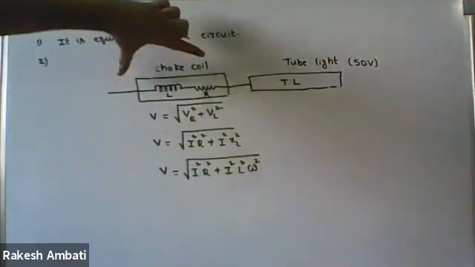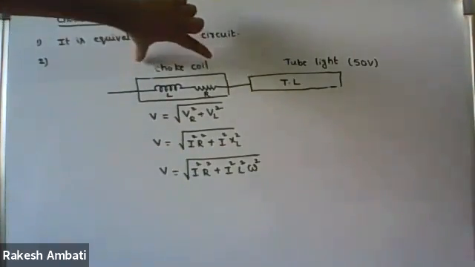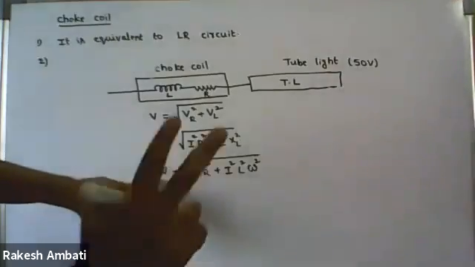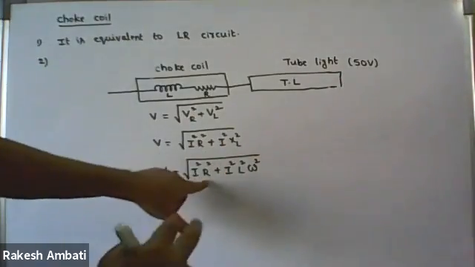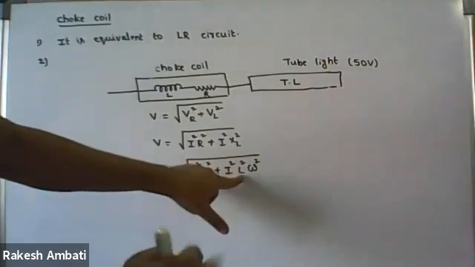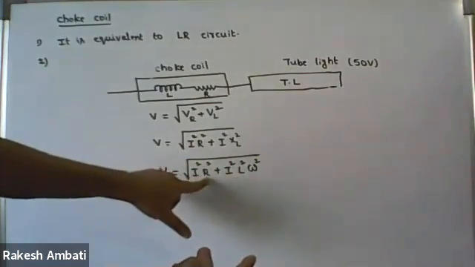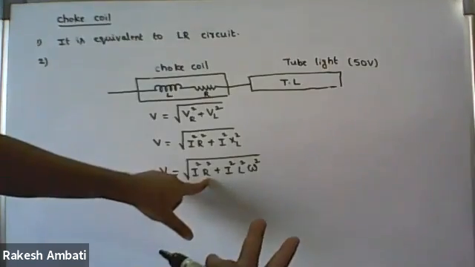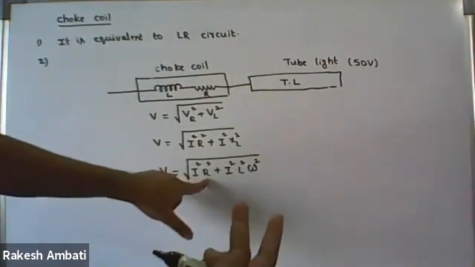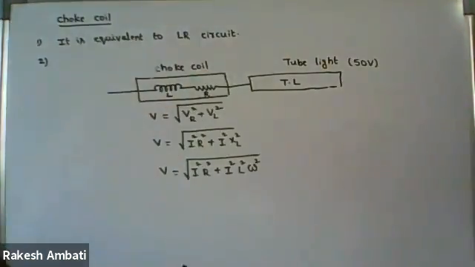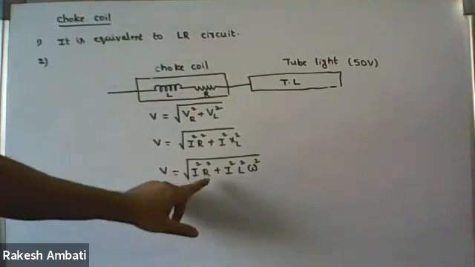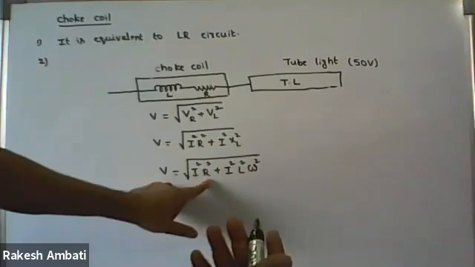So we want more potential dropped across the choke coil, so this should be high. We have two alternatives: either increase R or increase L. But what is the disadvantage of increasing R? If resistance increases, more power loss takes place. So increasing R practically is not good.